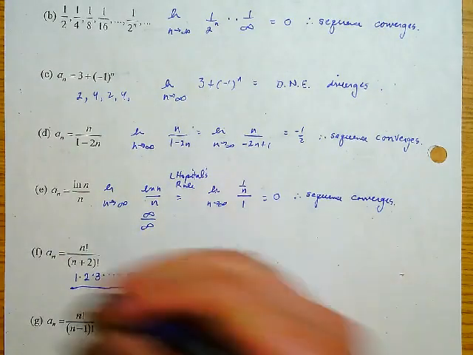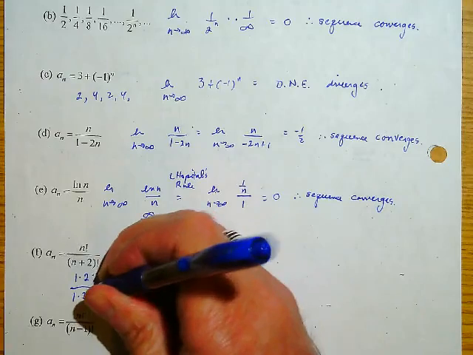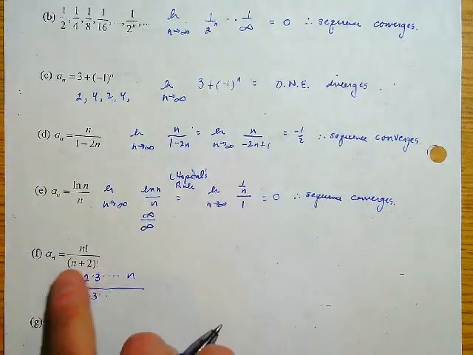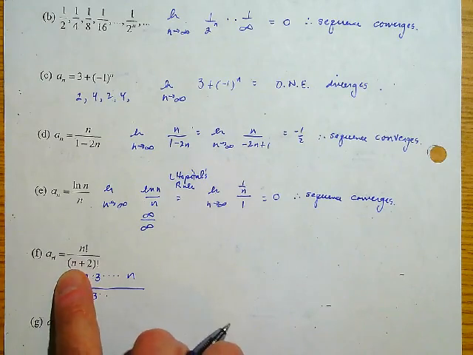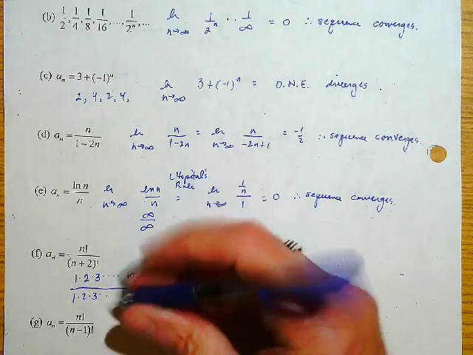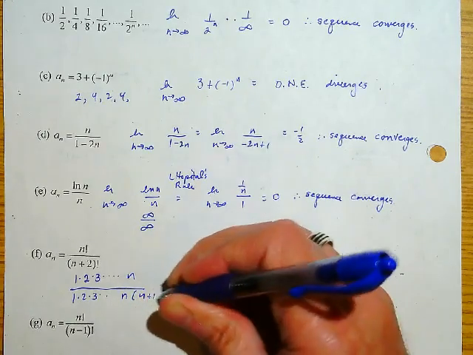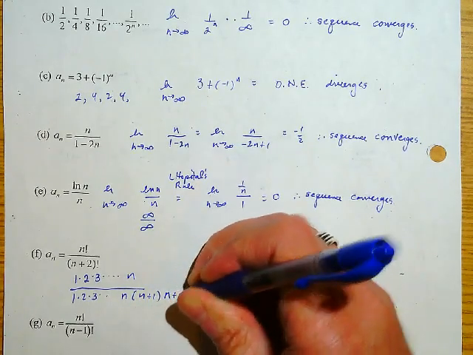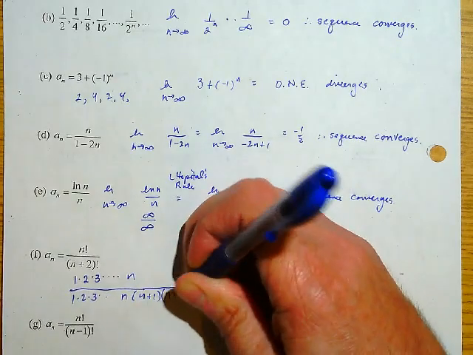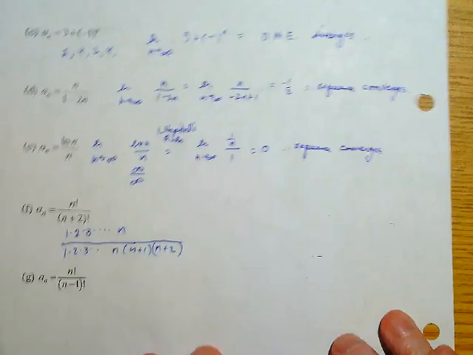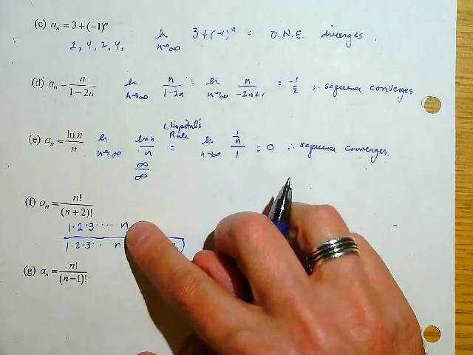This next one, 1 times 2 times 3, ... I'm stopping at n plus 2. Well, to get to n plus 2, the previous terms would be times n plus 1, times n plus 2. You can see, hopefully, that the 1s and the 2s and the 3s are going to cancel. That's no problem there.